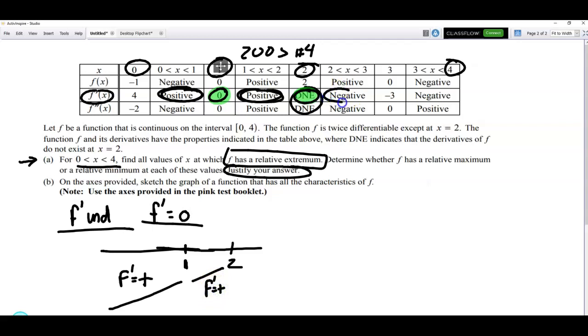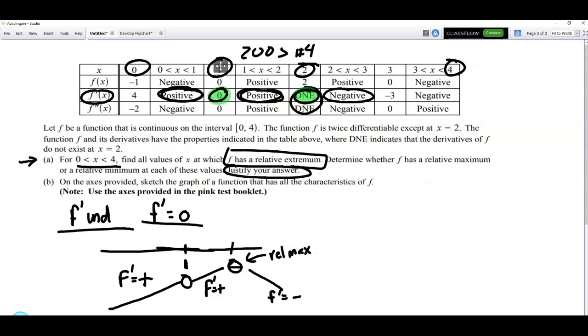After the 2, however, it's negative. Okay? So, what does that mean? That means that this value is neither a relative min or max, but this number is a relative max.